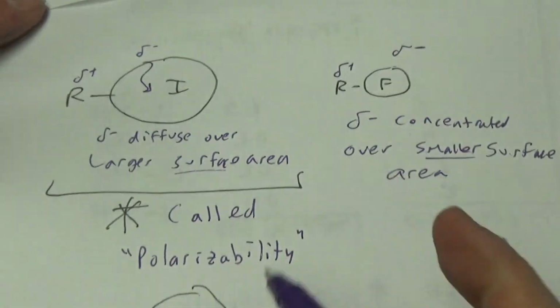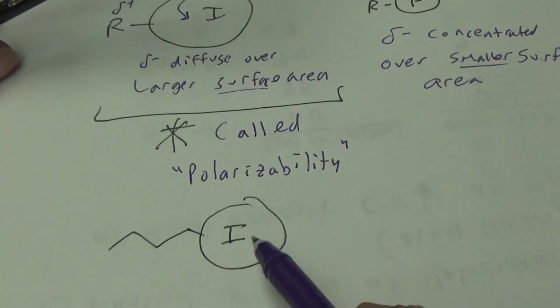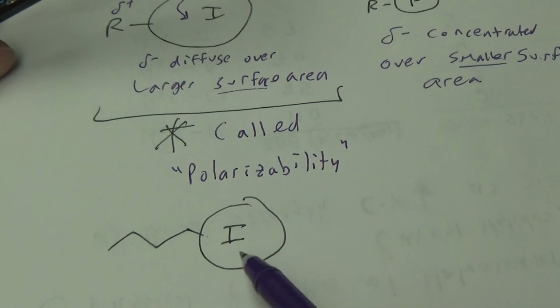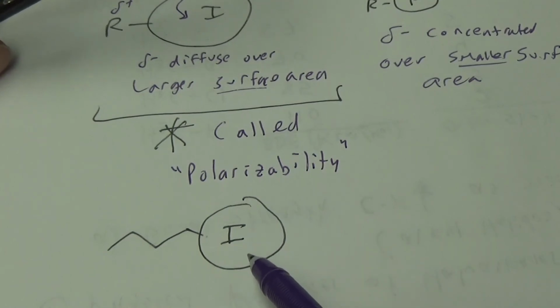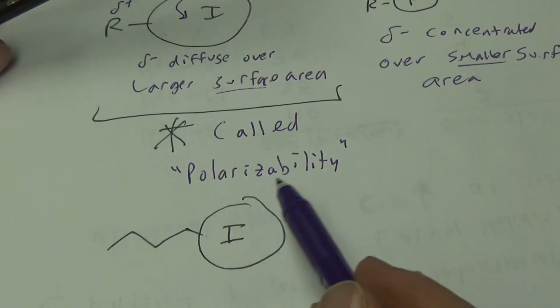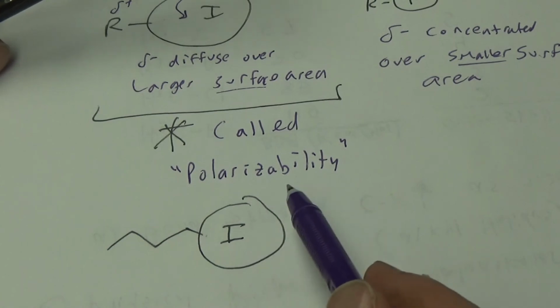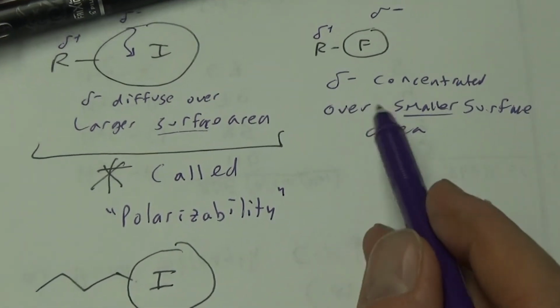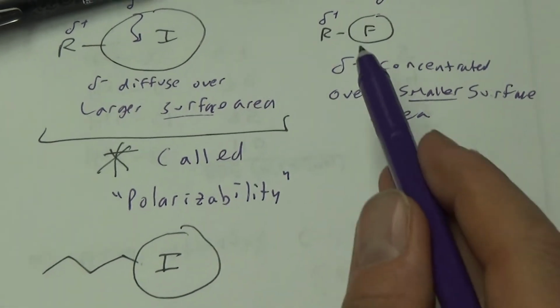The huge atom and the diffuse charge density on iodine, we call it polarizability. We're going to use that word over and over later. And it always has to do with large atoms. Fluoride, this is not polarizable. It's not what we call polarizable.